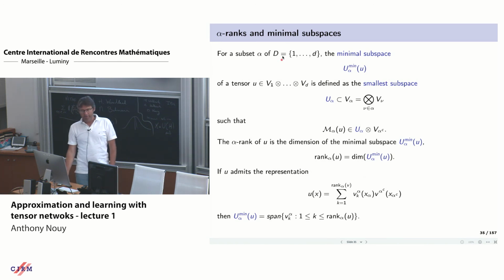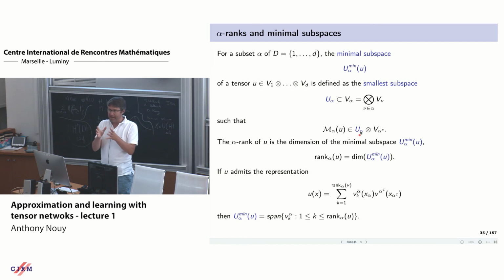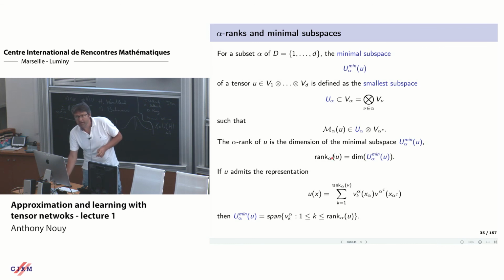For a particular alpha, which is a subset of dimensions, you can define what we call the minimal subspace associated with u and the collection of dimensions alpha, as the smallest subspace such that your matricization of u is in the product of U alpha and V alpha complementary. So if you think about functions, it's the smallest space of functions of the group of variables x alpha that you need to represent your multivariate function. And the alpha rank is nothing but the dimension of this minimal subspace.